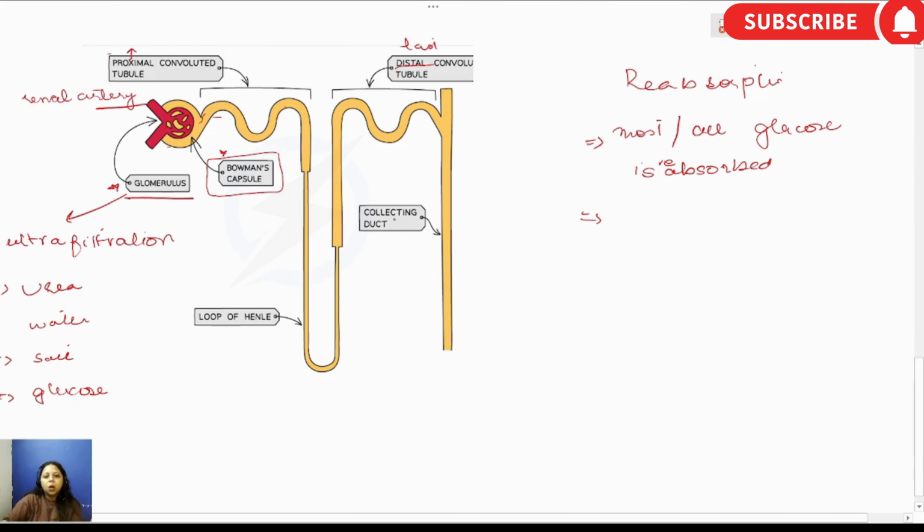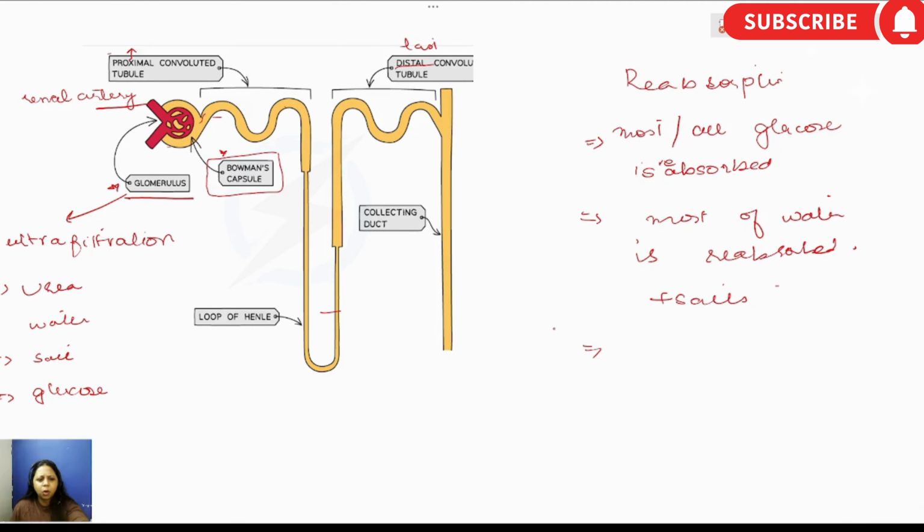Good. Now in the loop of Henle, most of the water is reabsorbed in the second part here. Some salts are reabsorbed as well. In the last part, the distal tubule, if your body needs water or salts, they would be reabsorbed according to your body's need.